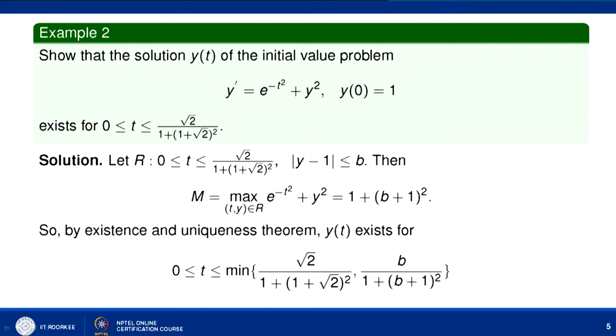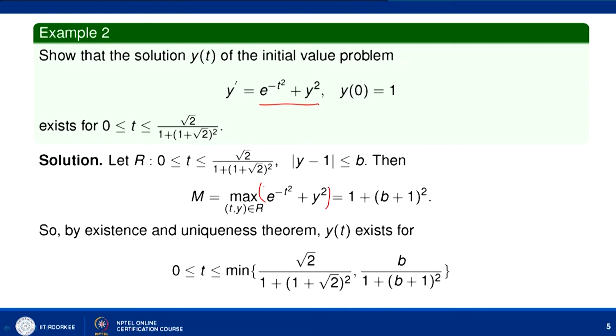First find out the maximum value of f(t, y). Here f(t, y) is given as e to the power minus (t square plus y square). So, we want to find out the maximum of this quantity over the rectangle R.